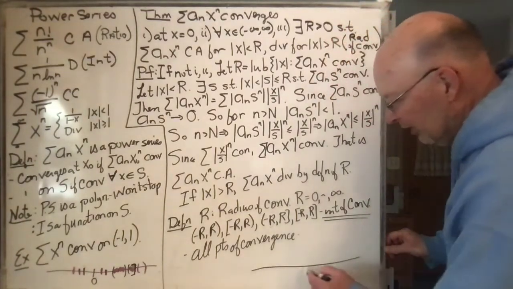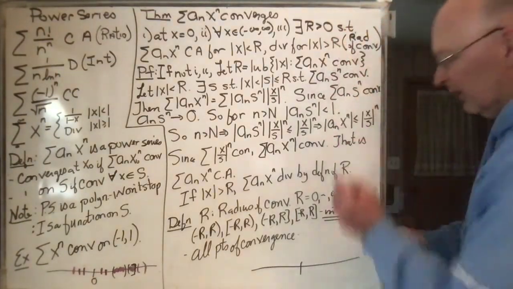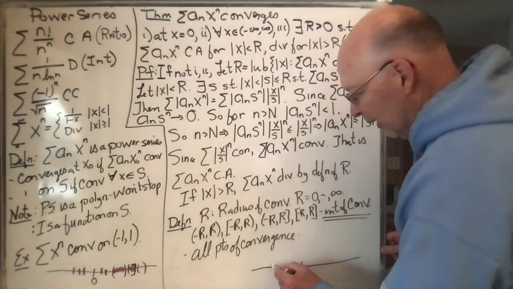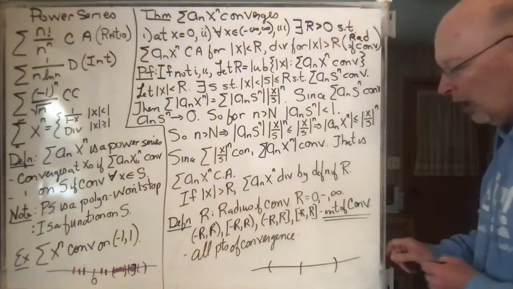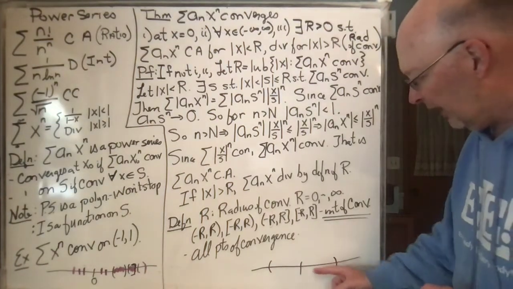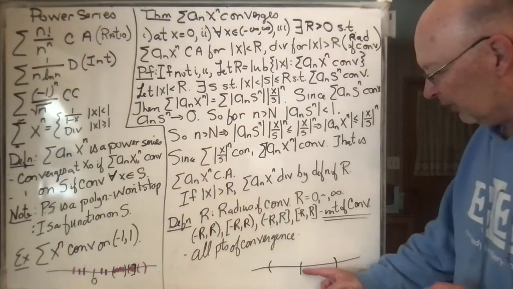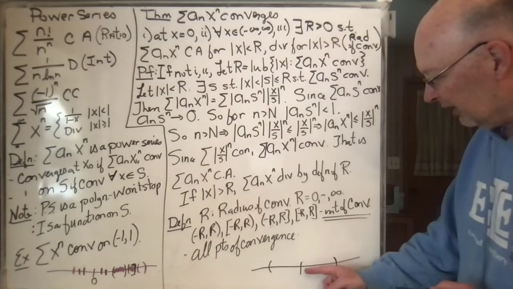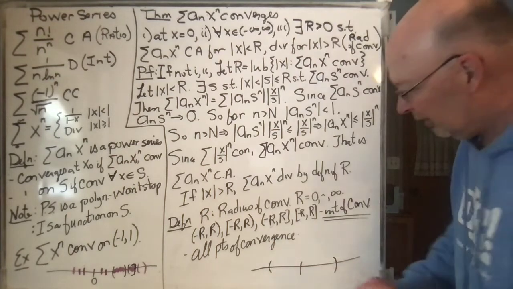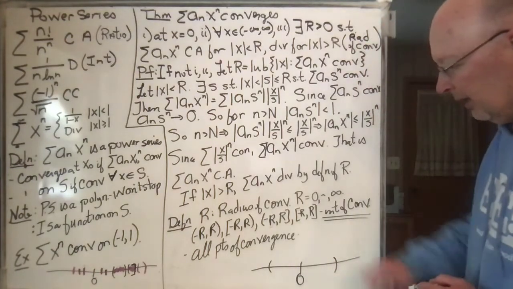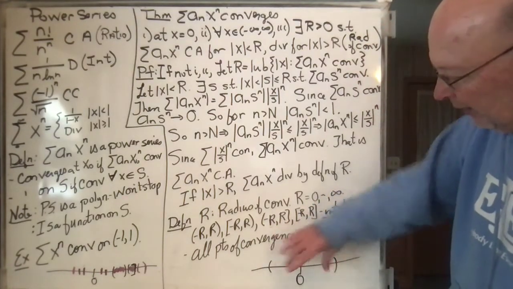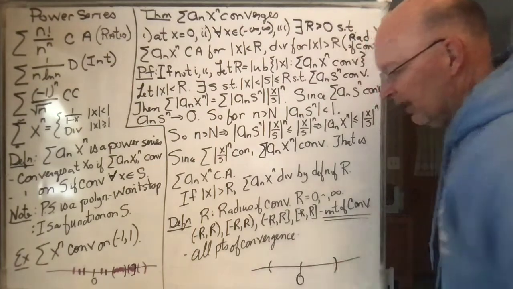Your only option is that the places where it converges is all centered around the origin with some distance, which we call r, where r is the radius. It's called the radius of convergence. We'll get to that. But basically it goes this r in this direction and r in this direction, and it converges for everything in there, and it diverges for everything out there.